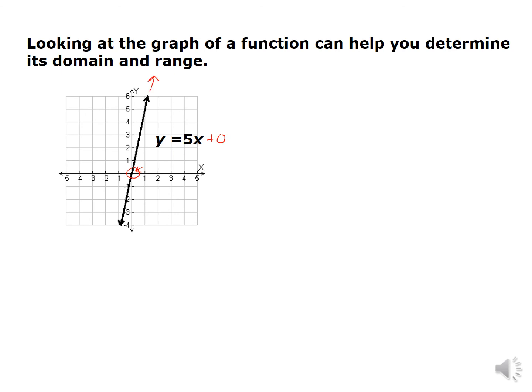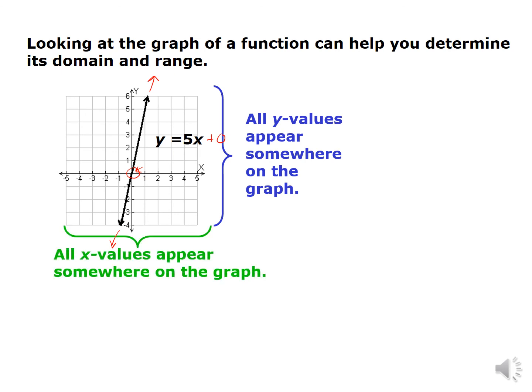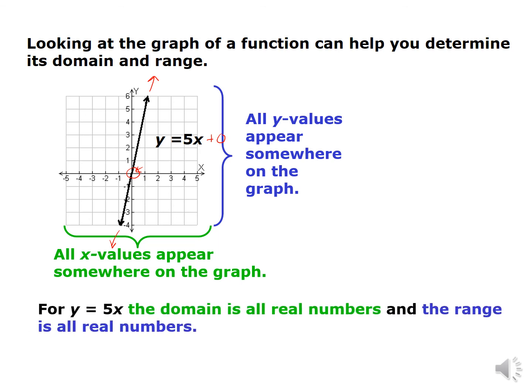That means this graph is going on forever, which means as time goes on, every single x will be used and every single y. So the domain and range go on forever, and that line represents forever. So the domain is all real numbers, and so is the range.